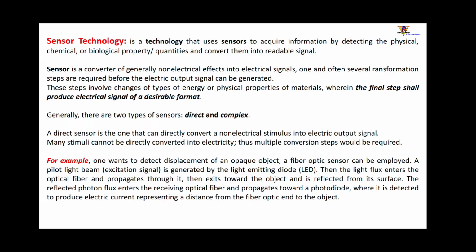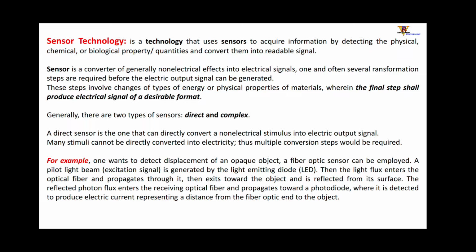So by direct we mean a direct converter of a non-electrical quantity into an electrical output signal. But many stimuli cannot be directly converted into electrical quantities, so multiple conversion steps may be required. So in this way we have two types of sensors, direct and complex.